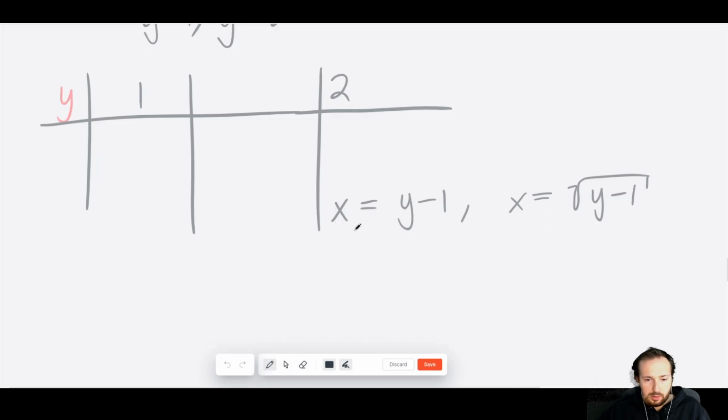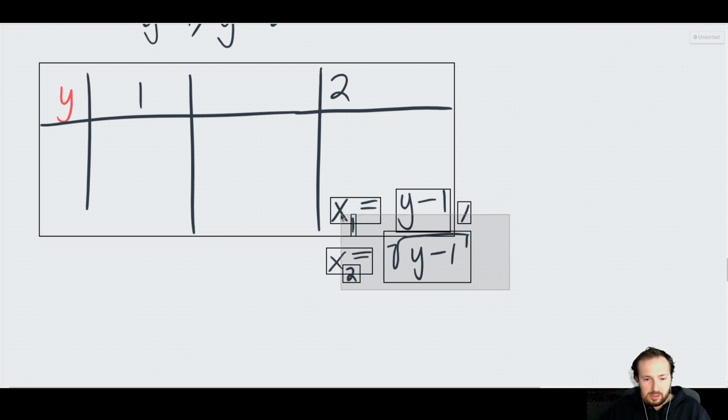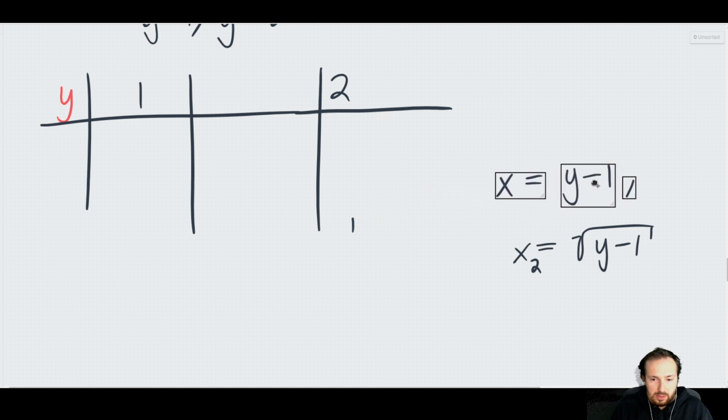I'll call this x1 and call that x2. We can basically test these out and see which one is greater than the other in between. So let's actually do that.